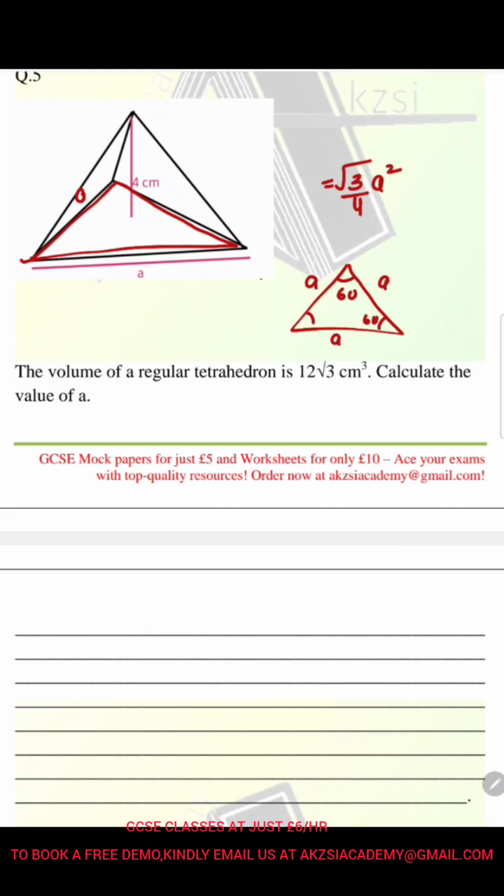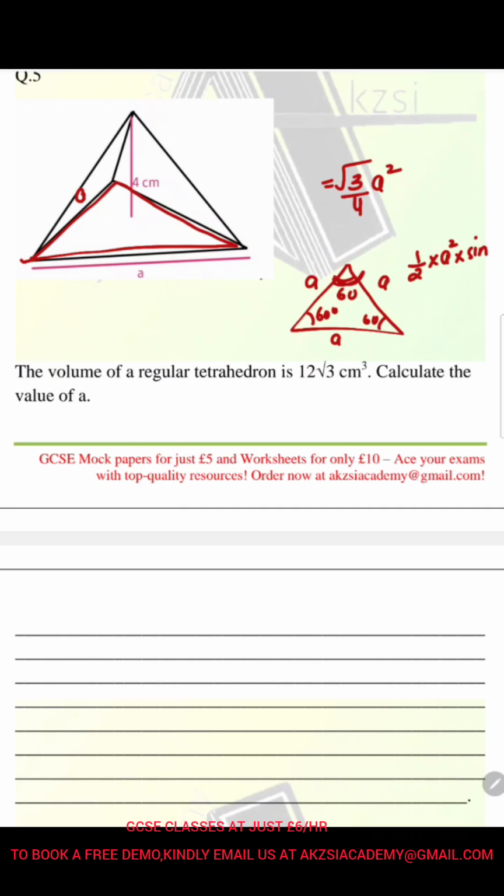Now if you apply the formula to calculate the area of the triangle, it's not a right triangle, so instead of half times base times height, we use a modified one, which is half times the product of 2 adjacent sides, A times A, times the sine of the angle in between them.